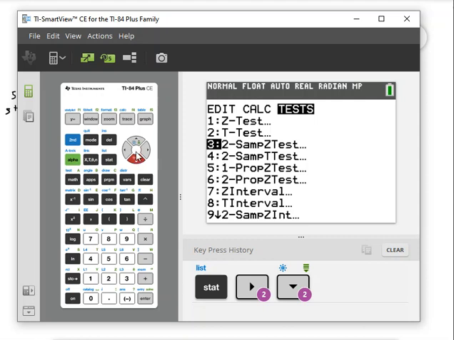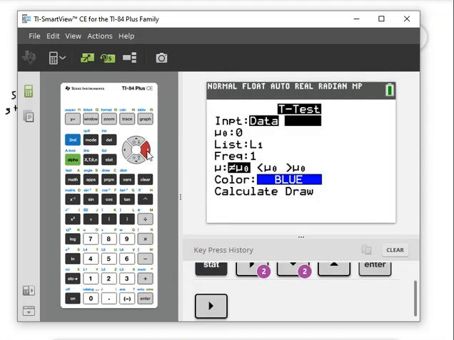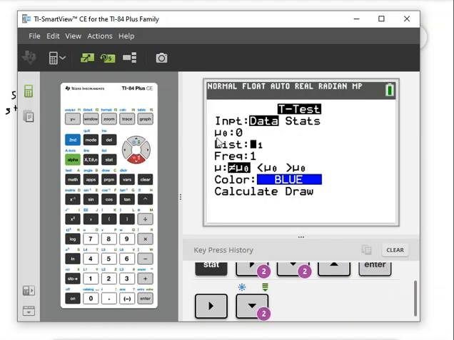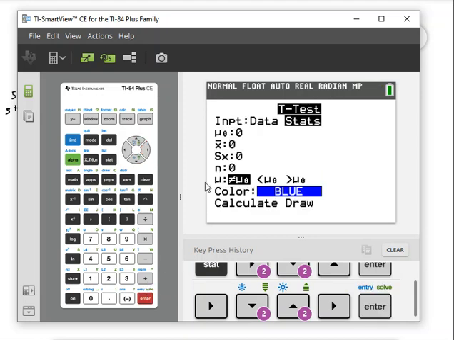Okay, t-test. All right. Input is stats. Hypothesized mean, see this mu sub 0. Get out of there. Enter.